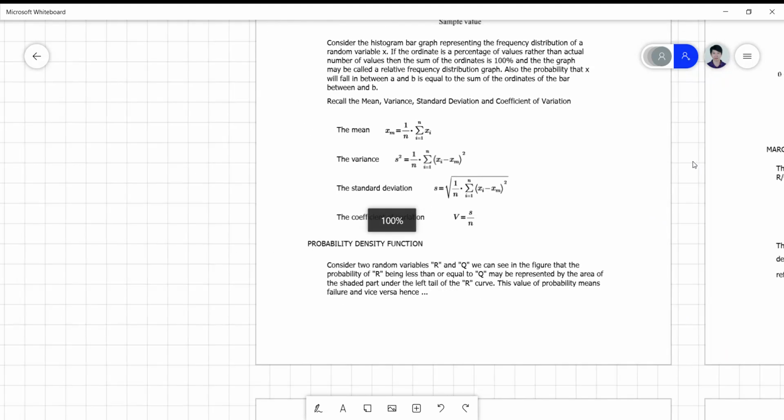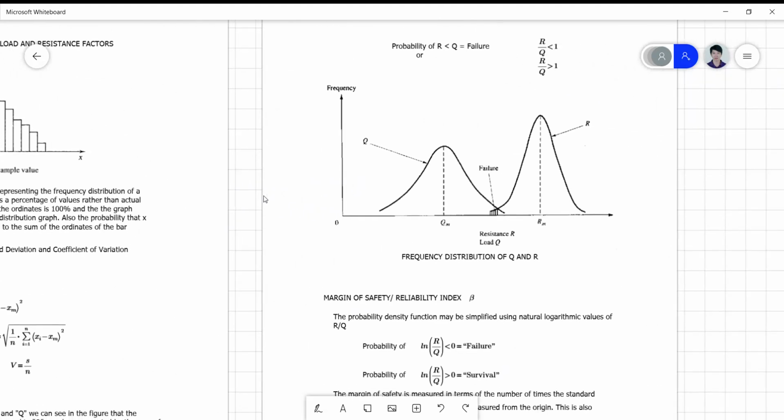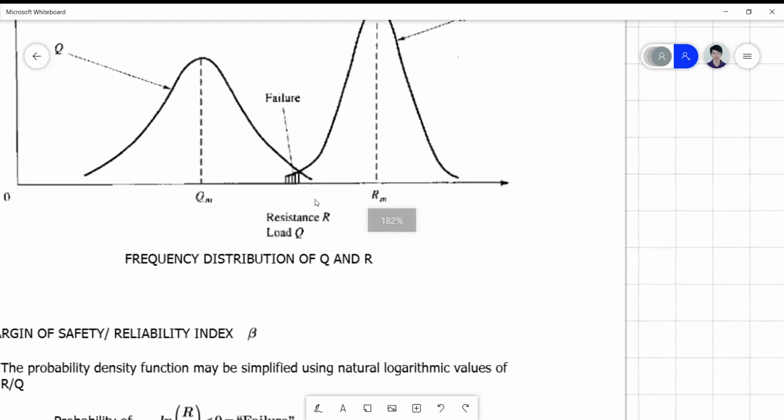Hence, if we look into the figure, these are now the separate graphs of the frequency distribution in terms of a bell curve rather than a bar histogram. We take note that the intersection of the bell curve for the random variable Q and the random variable R is located in this area.